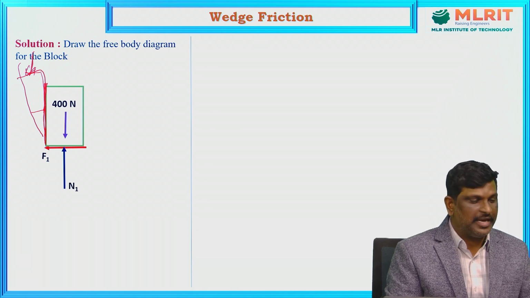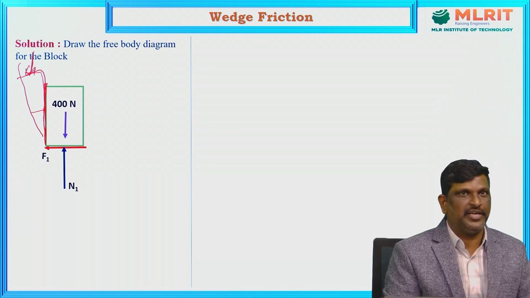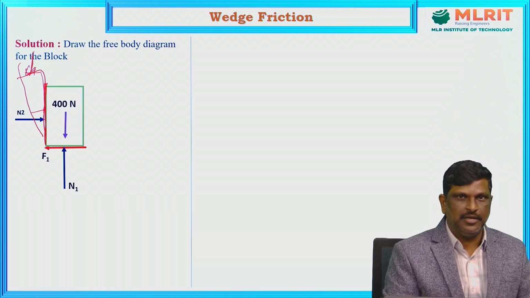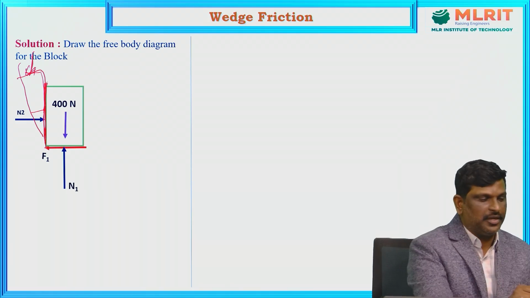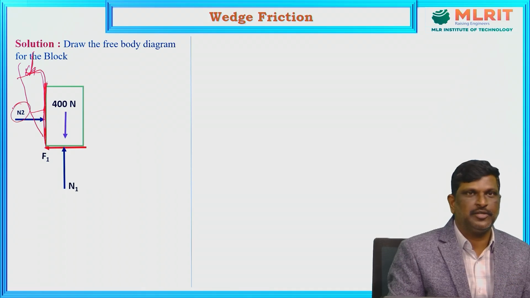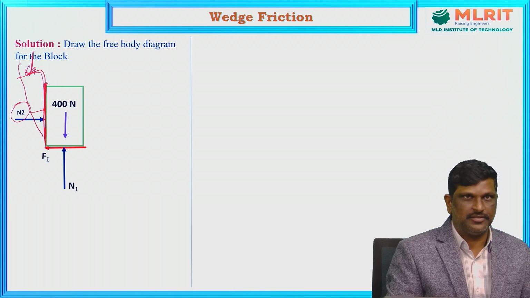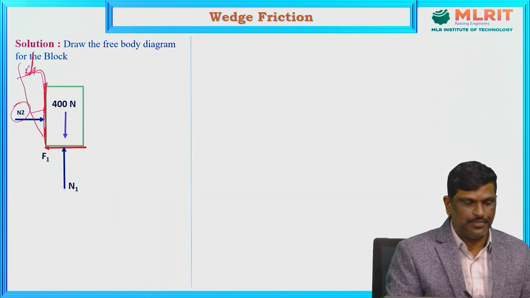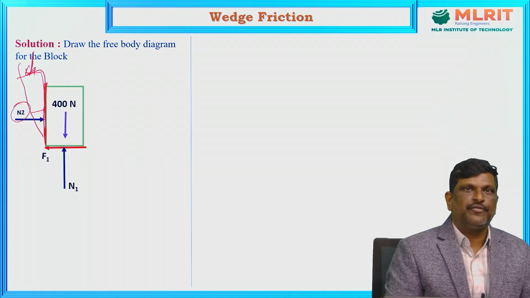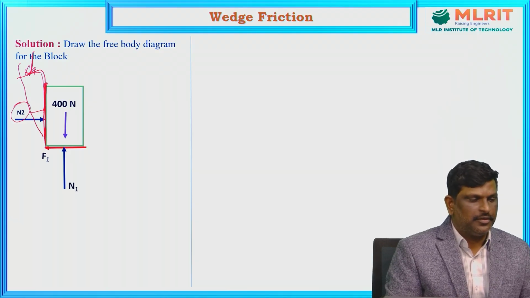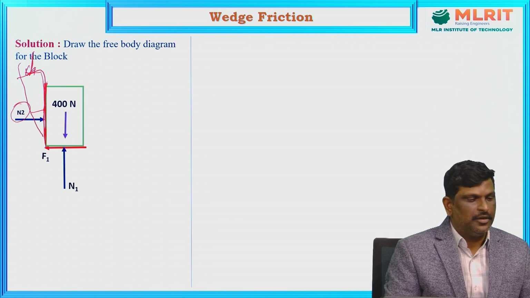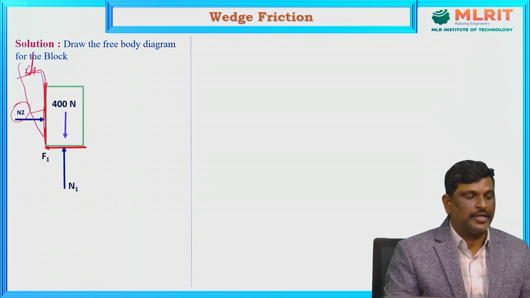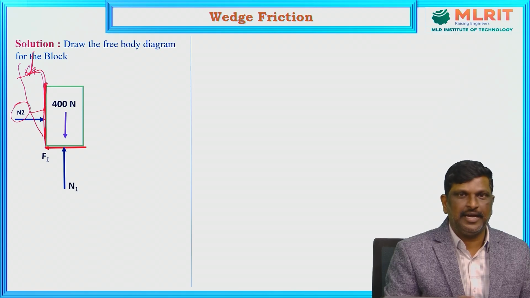Therefore, the normal reaction from the wedge is N2, which will act horizontally, because the contact surface is vertical. The normal reaction is always perpendicular to the contact surface, therefore it is horizontal. Now, friction. The key point in solving wedge problems is the direction of friction at the contact surface between the wedge and the block.